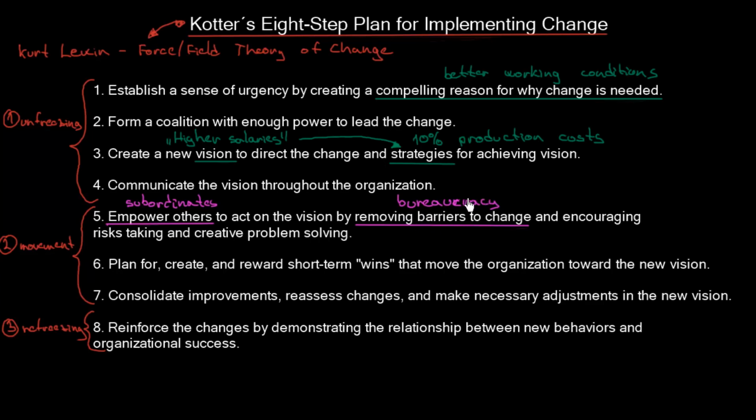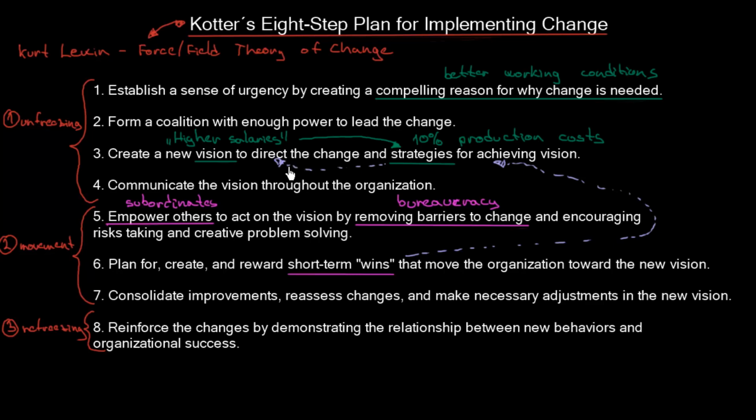Then as a sixth step, we should plan for, create and reward short-term wins that move the organization toward the new vision. As we have seen, we would like to have some short-term wins, and these short-term wins should be with regard to our strategies, and these strategies should work for our vision.